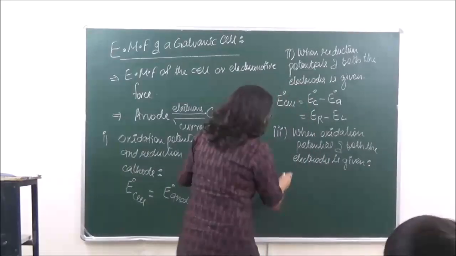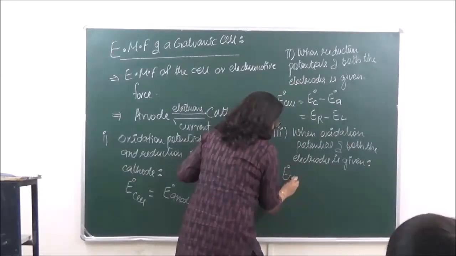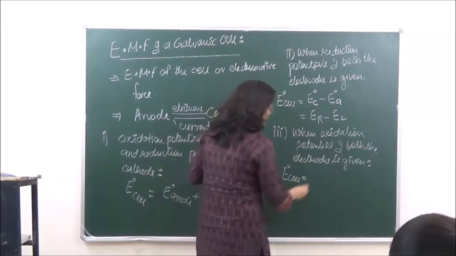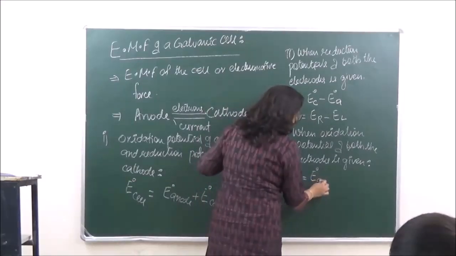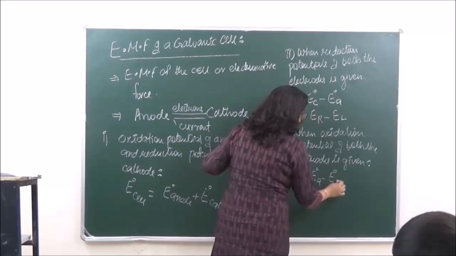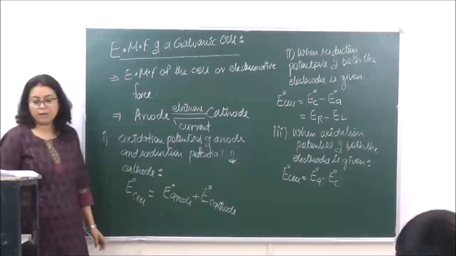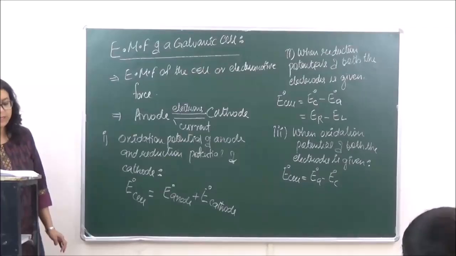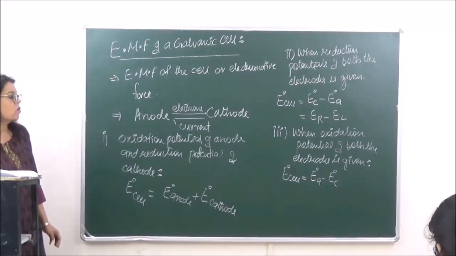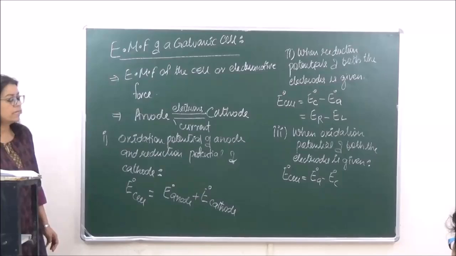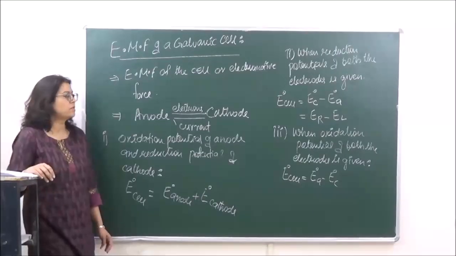In that case, the E naught cell is going to be equal to E naught of anode minus E naught of cathode. That is, the oxidation potential of the anode minus the oxidation potential of the cathode is going to give us the EMF of a cell.